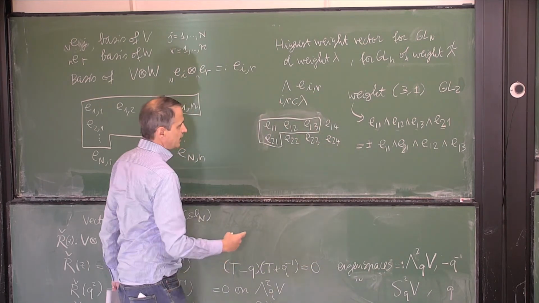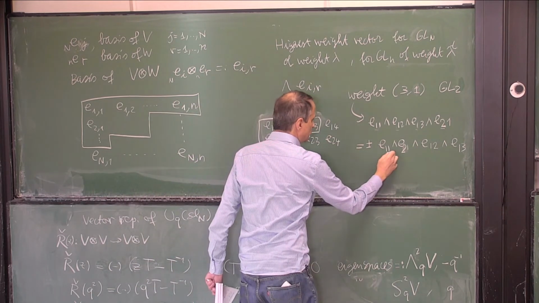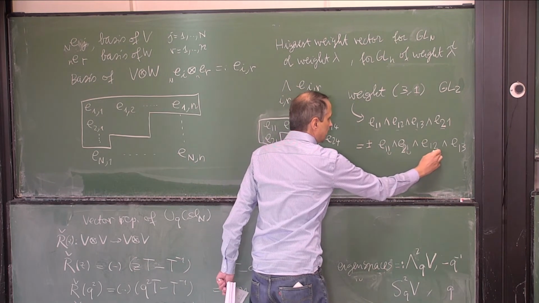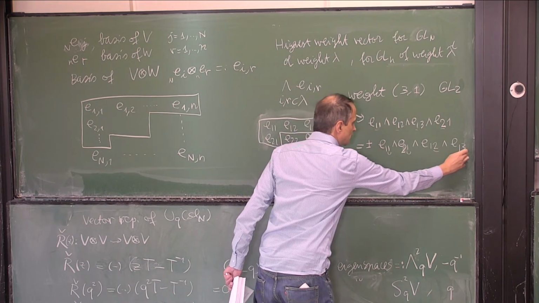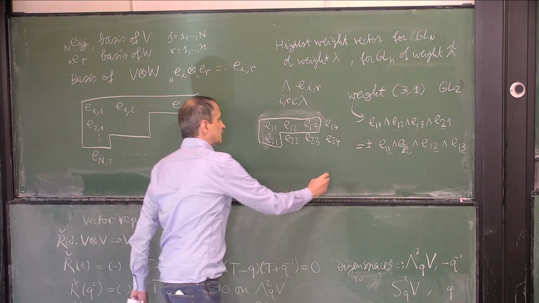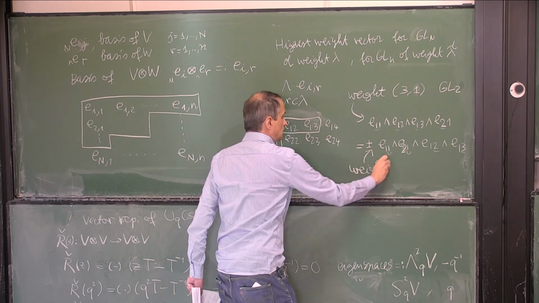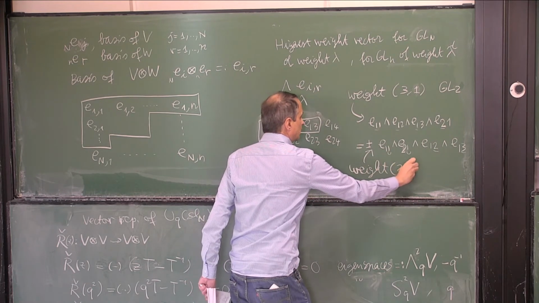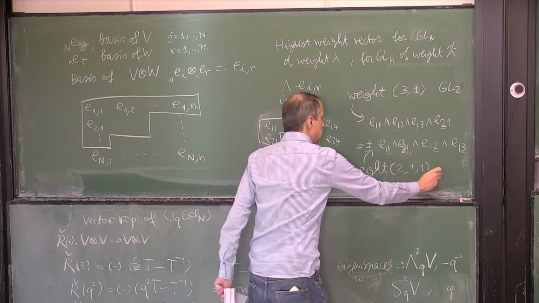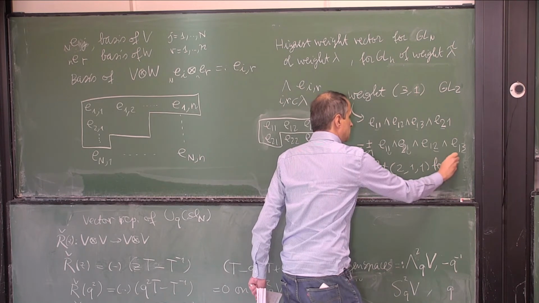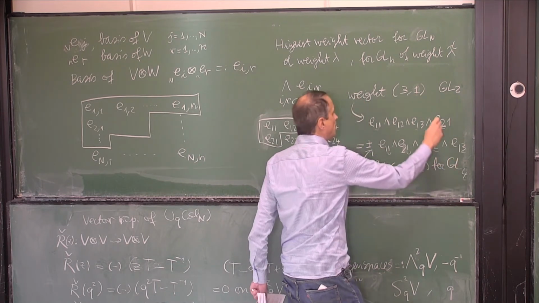And here, for the second index, you have 2 times 1 and 1 times 2 and 1 times 3. This is weight 2, 1, 1 for GL_4.